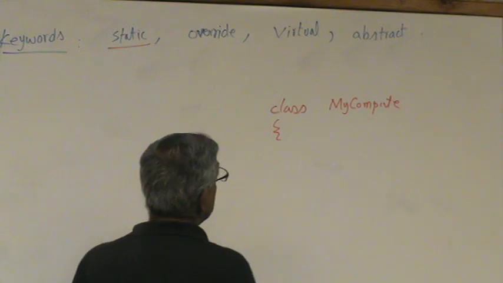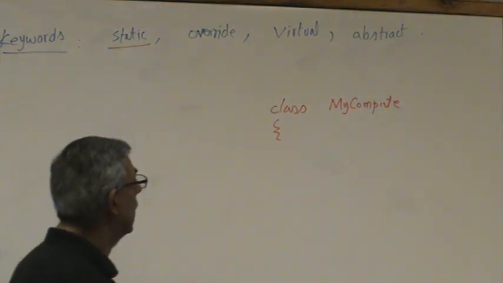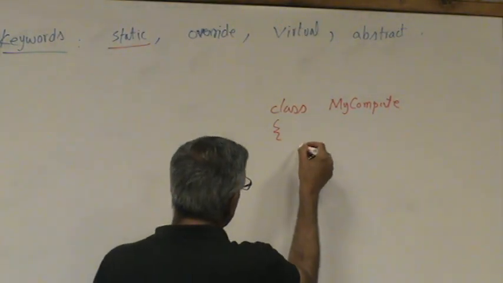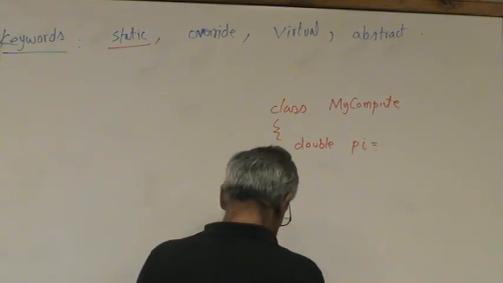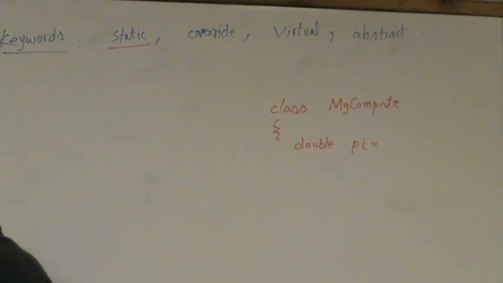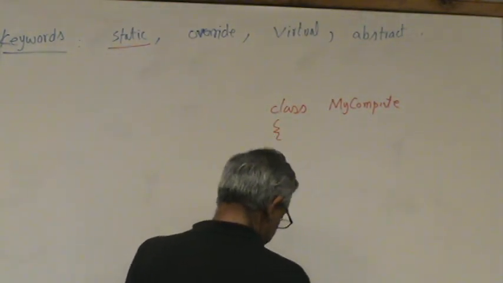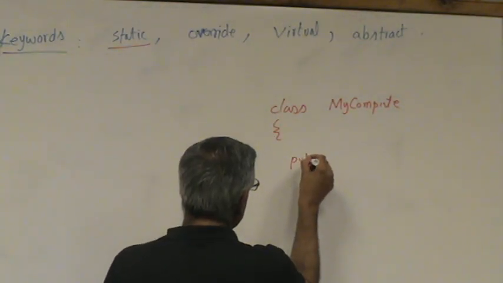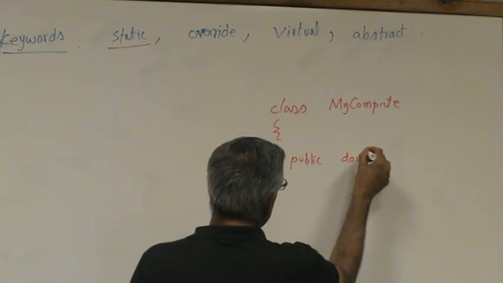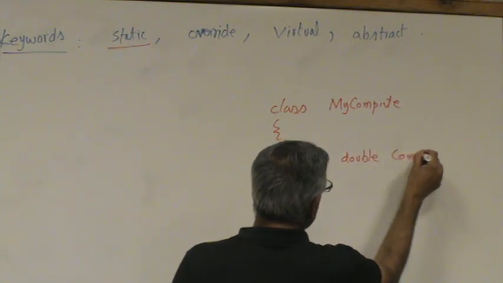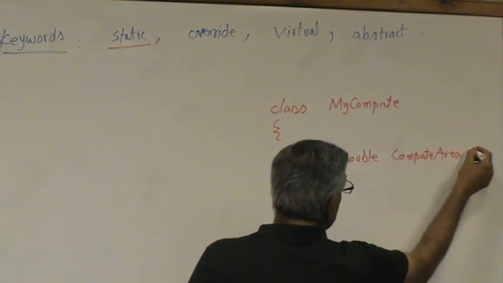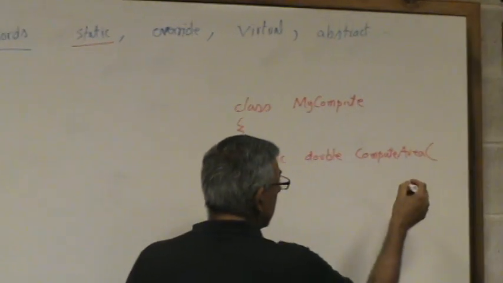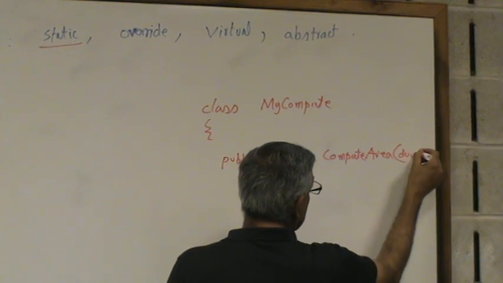And inside this, you wrote 2 functions, okay? First let me say public double ComputeArea.